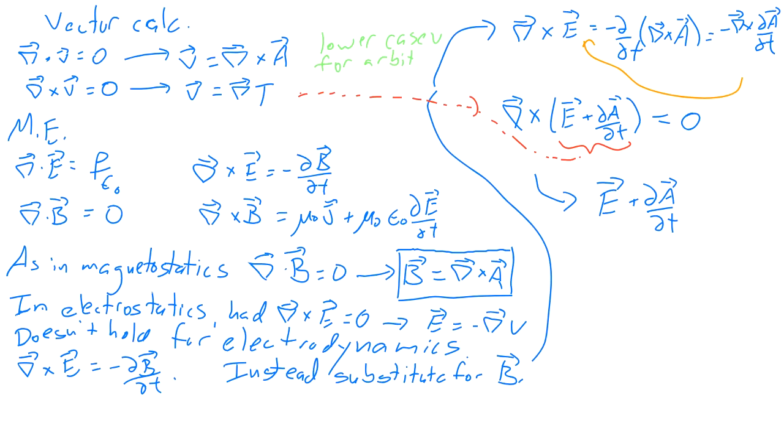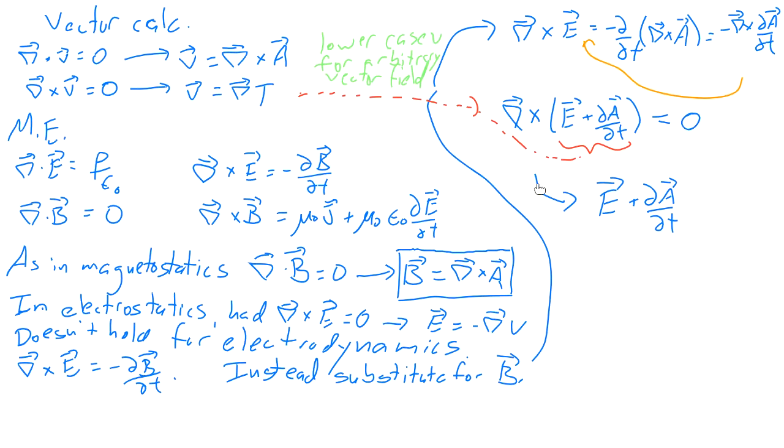It's an arbitrary vector field, versus the capital V that we did for our potential down here.